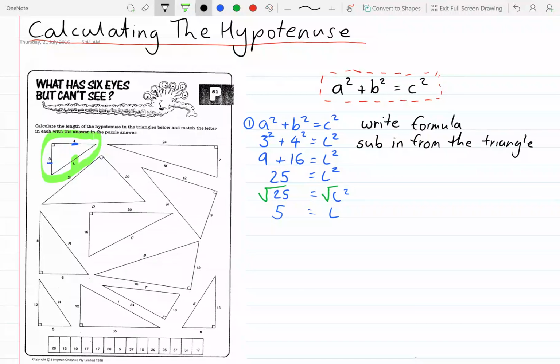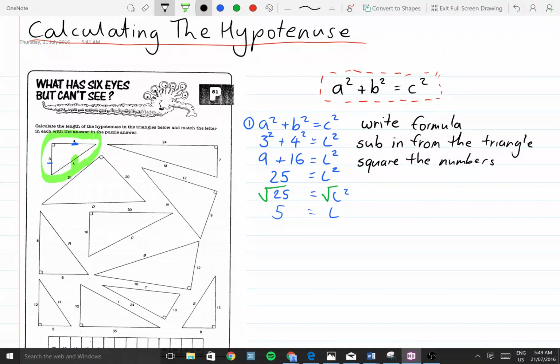Our third step was to square those numbers, which, remember, is not 3 times 2, like the little square your instinct tells you, but is 3 times itself.